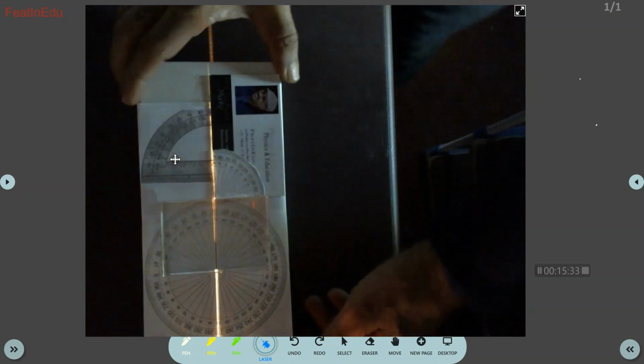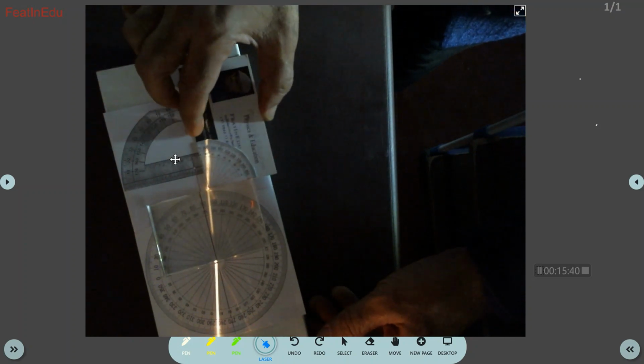Correct? What is the angle of incidence? 0 degree. Did you observe that I had to move this piece to the right by so much distance, because this point of emergence moved from here to here?